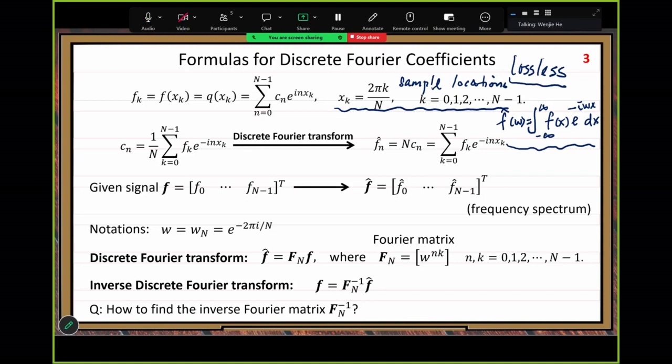So although we need to calculate capital N times, we just try to pick up all the information from the original data. The original data has capital N items, so in our new domain we need to preserve the same amount of information, still capital N data items.